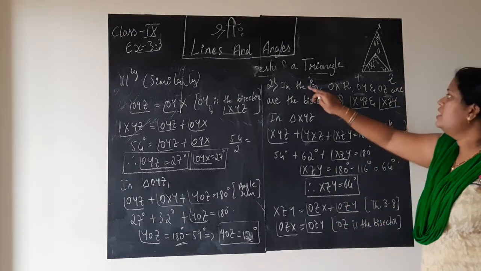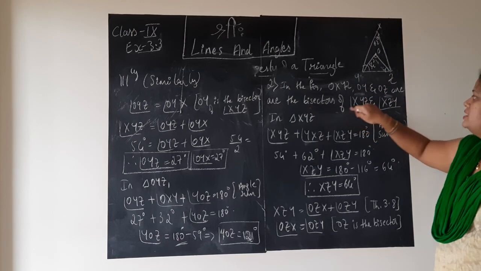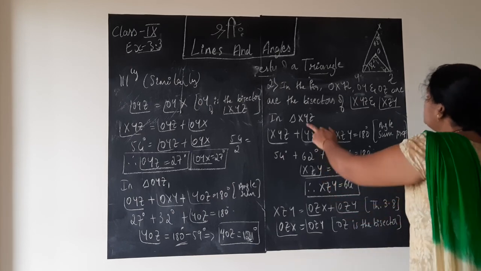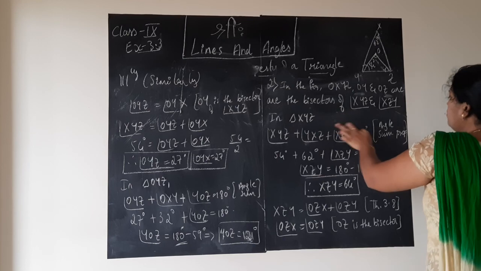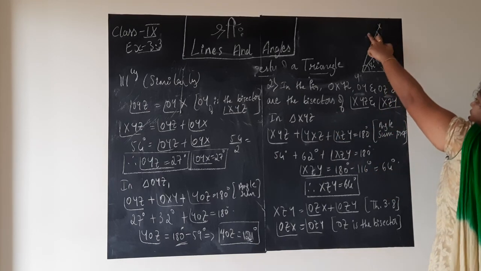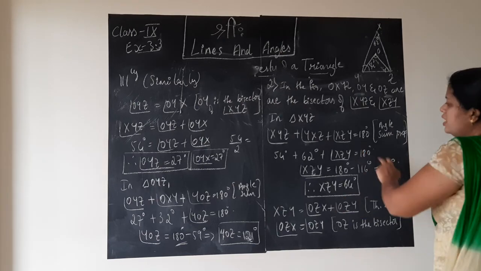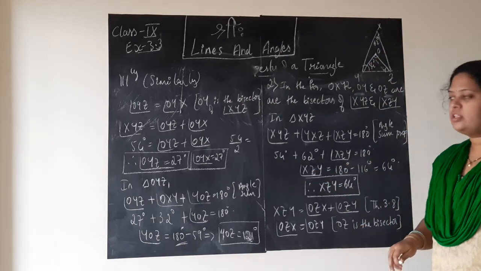How do we do it? In the figure, OY and OZ are the bisectors of angle XYZ and XZY. Now, in the triangle XYZ, this whole big triangle, we know from angle sum property that angle X plus angle Y plus angle Z is 180 degrees. Angle Y they have given as 54 degrees, so substitute.